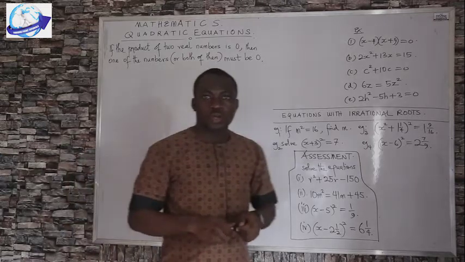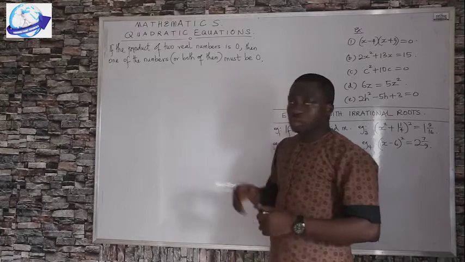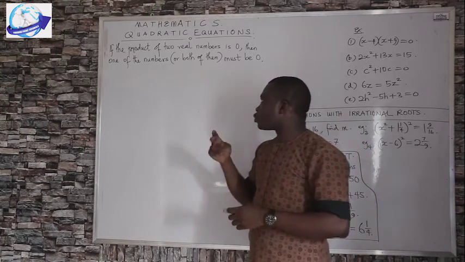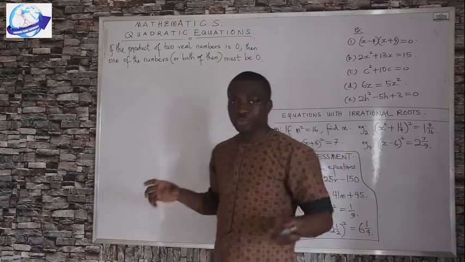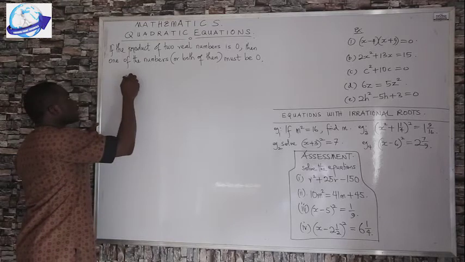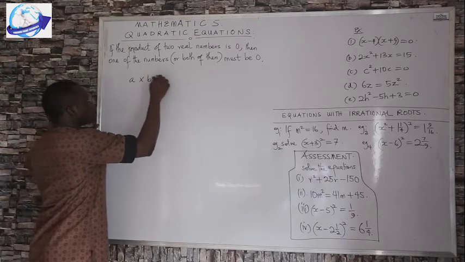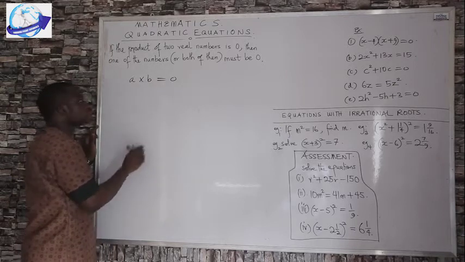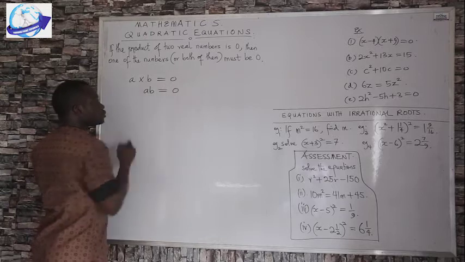That statement should be repeated. If the product of two real numbers is 0, then one of the numbers or both of them must be 0. Let's take for example. In general terms, if I have A multiplying B to give you 0, then AB equals 0.